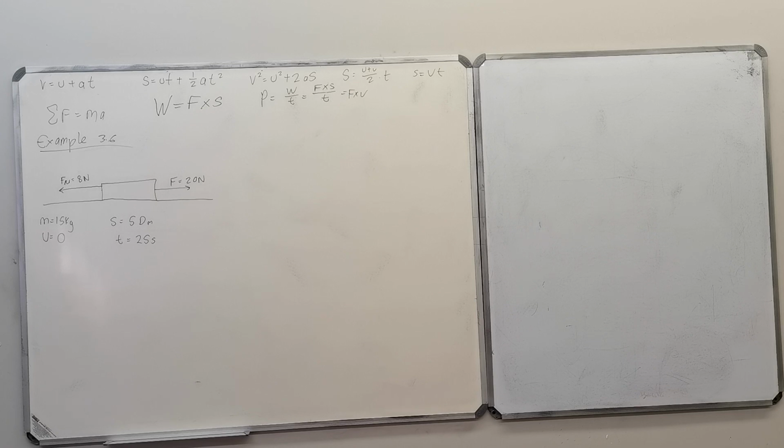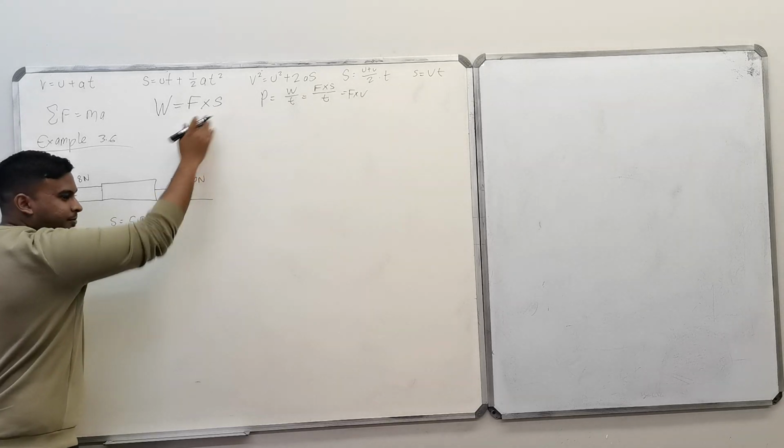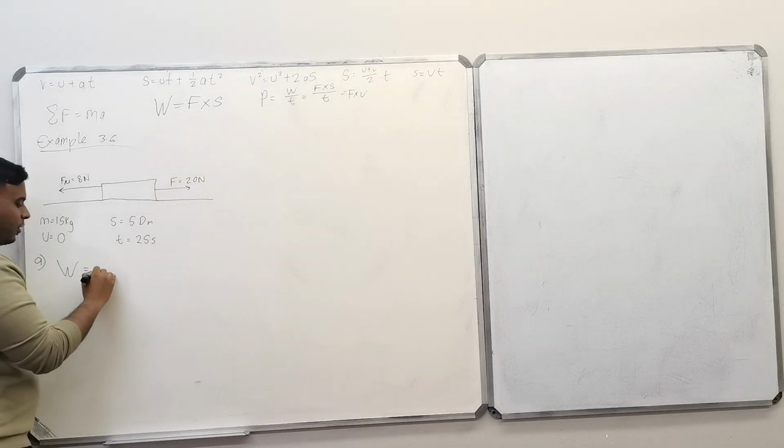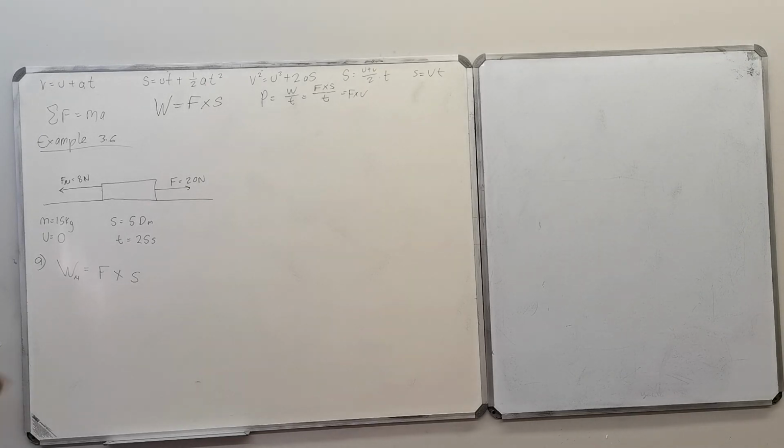Right, so calculate the work done against resistance. The first question asks you to calculate the work done against resistance. The formula for work is force times distance. The work done against resistance, remember that will be the force for resistance. So which force would you use? Why would you use applied if they're asking for resistance?